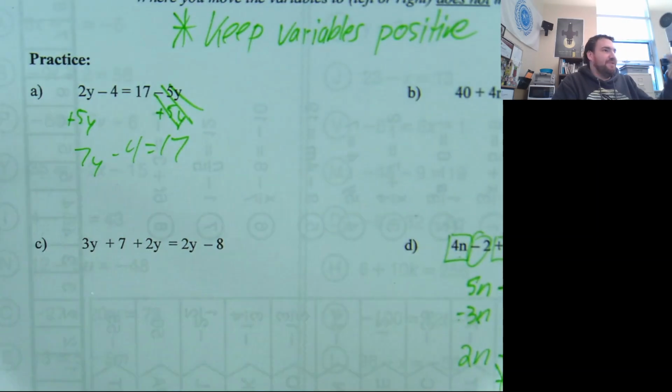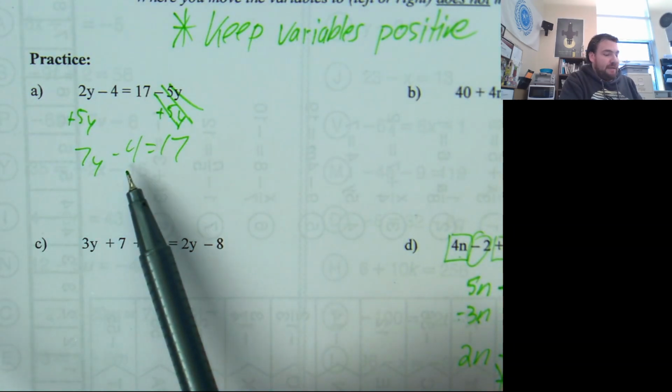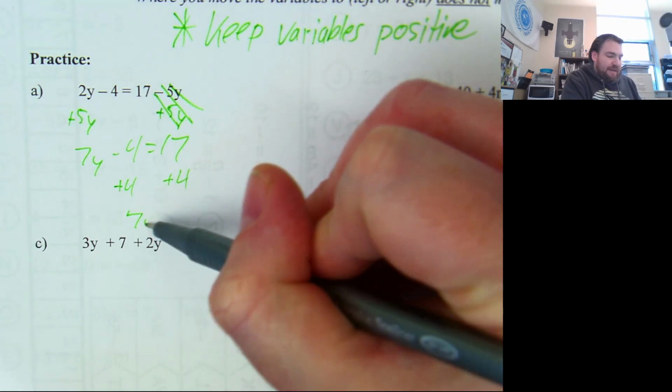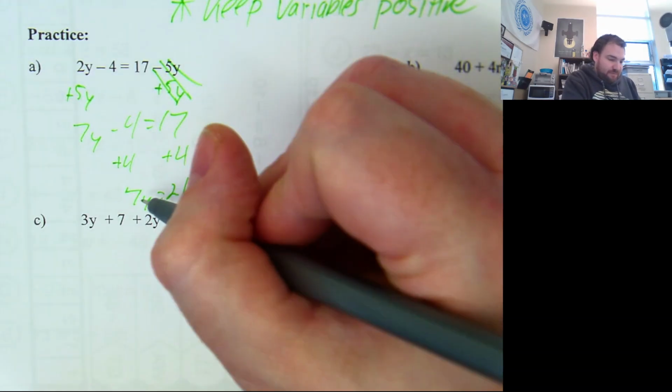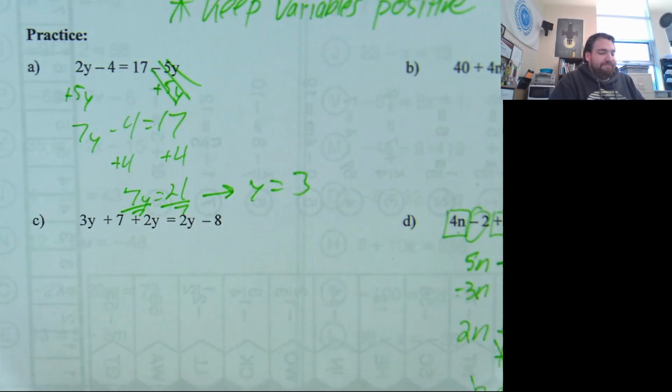So now I've got 7y minus 4, so I'm going to add 4 to both sides. 7y equals 21. Very good.